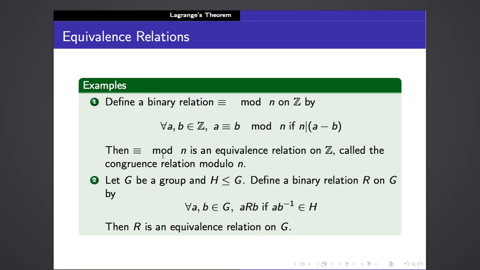And this relation is called the congruence relation modulo n. To give you a heads up, this is actually a very important example of a class of equivalence relations.